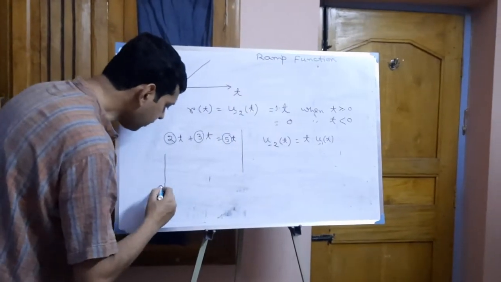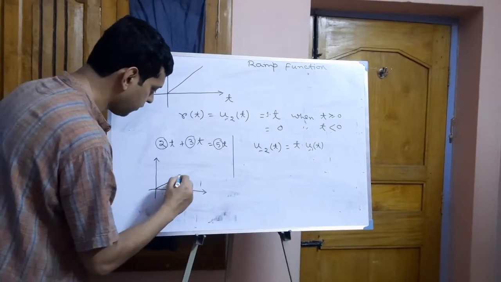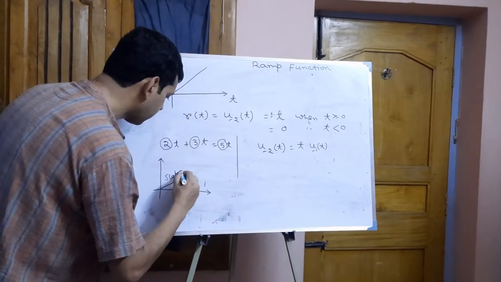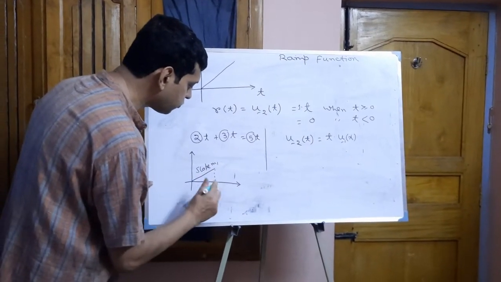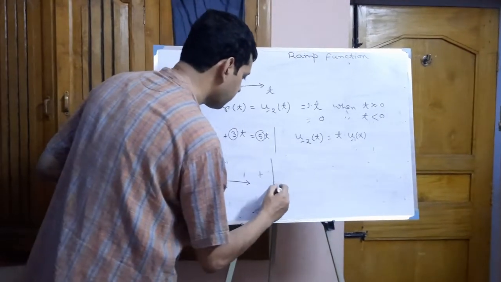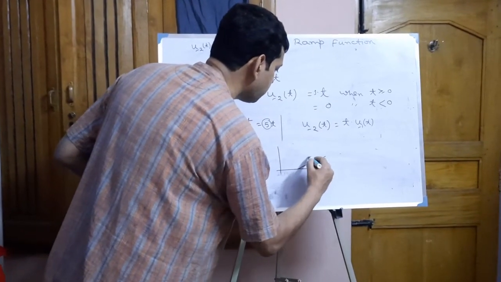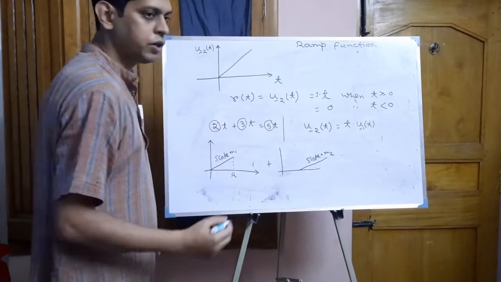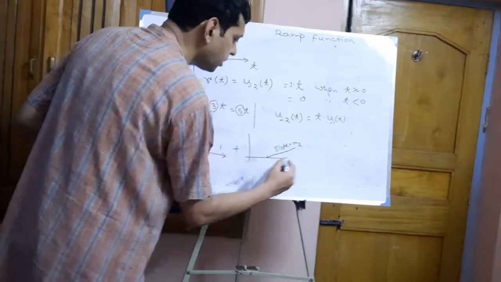Now say we want to add two straight line functions. This is one with slope m1, up to t equal to a, and there is another function with slope m2. So if we add these two, the sum will be like this one.